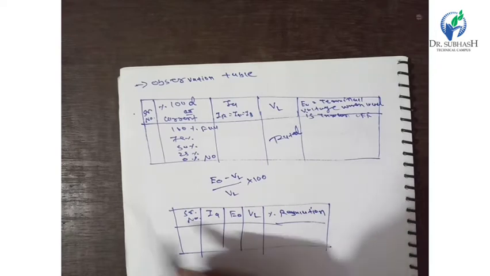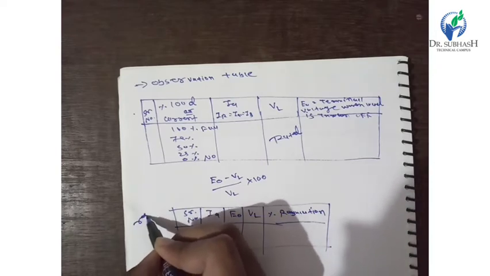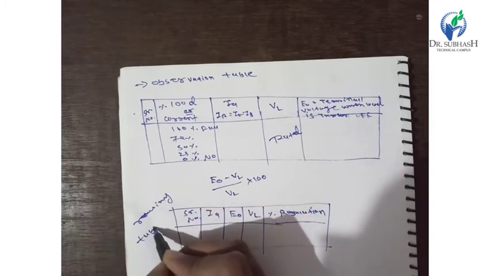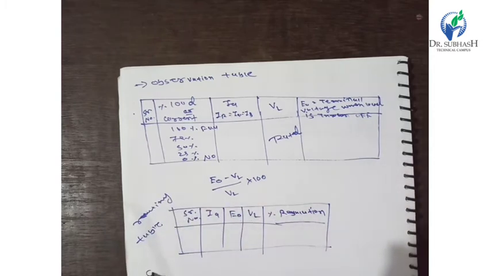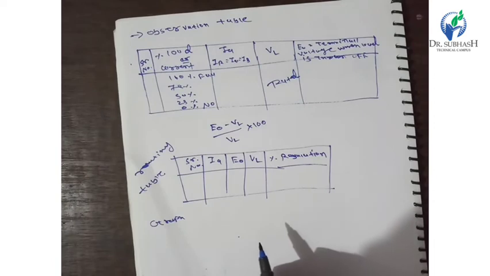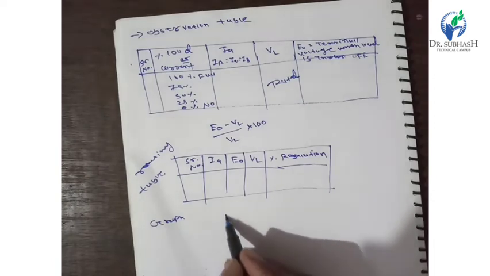From the resulting table, now we draw the graph of percentage regulation versus armature current.